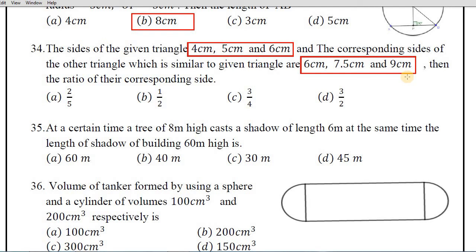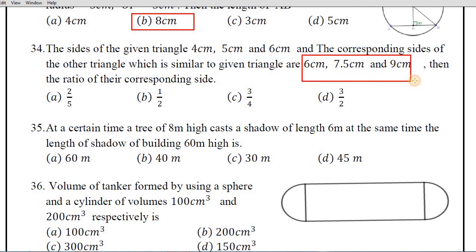On the basis of these measurements, we construct another triangle that is 6 cm, 7.5 cm and 9 cm. Then the ratio of their corresponding sides is, how will you find? Which triangle did we construct later on? That is this triangle, isn't it? On the basis of this measurement, we constructed the similar triangle.